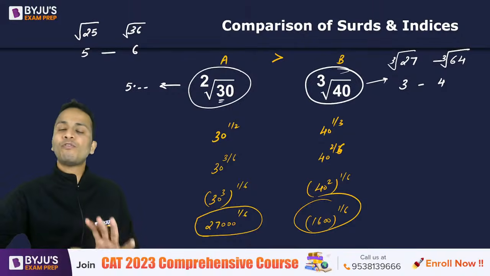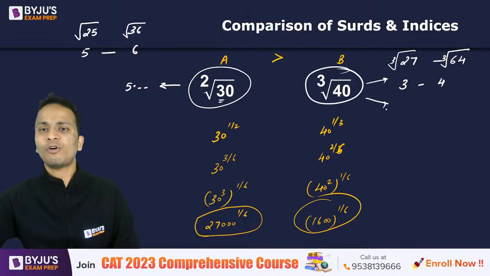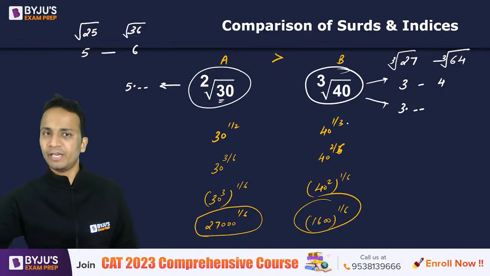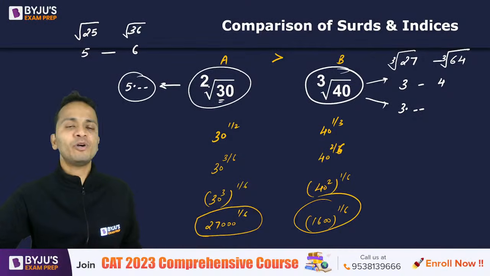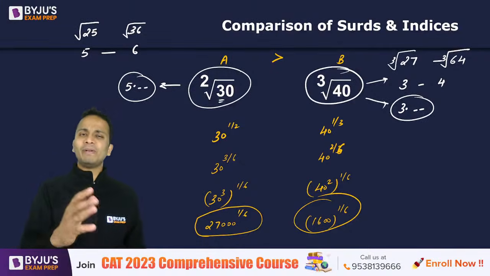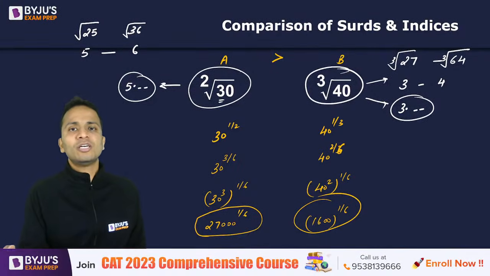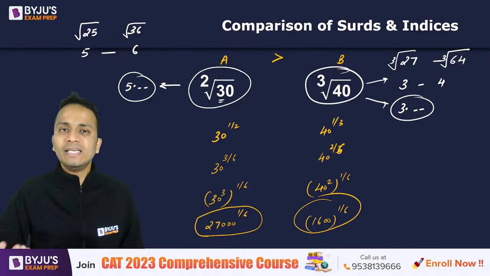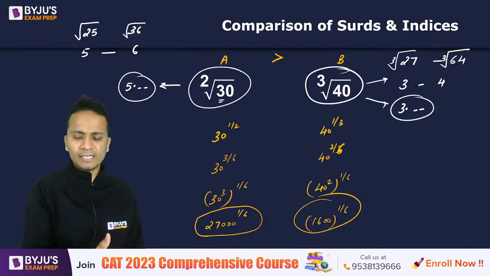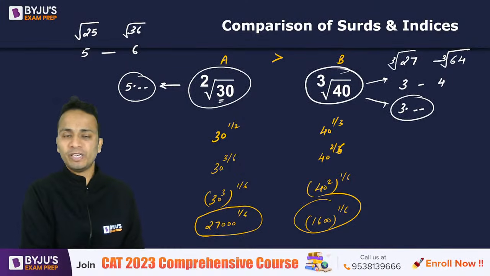So cube root of 40 is lying between 3 and 4, so it will be 3 point something, easily comparable. Obviously 5 point something will be greater than 3 point something, right? There are plenty of cases you will encounter in which values can also be easily calculated. I'm not calculating the exact value, but I'm calculating the approximate values.